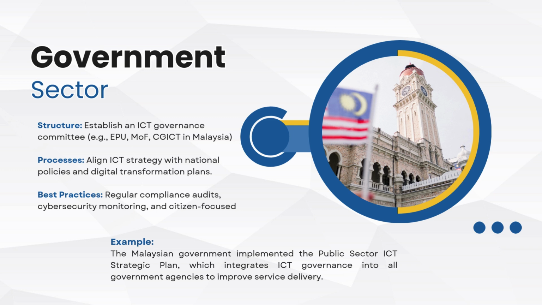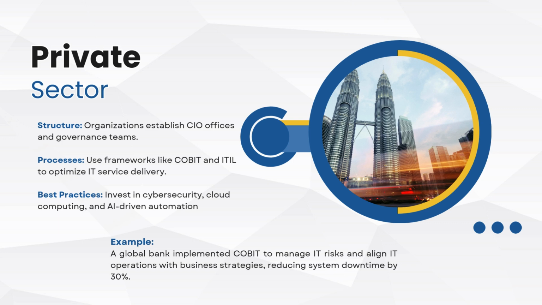Next, let's see how ICT governance is applied in private businesses. Private companies use ICT governance to manage IT risks, increase efficiency, and align IT with business goals. Key governance strategies in the private sector: Structure.